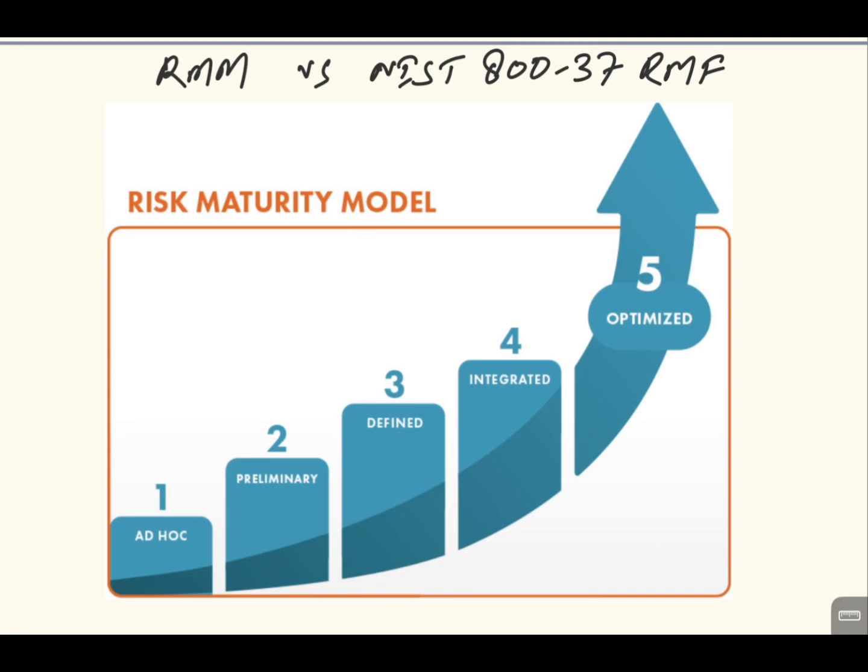If we break it down step by step, we can see how an organization's risk management maturity affects RMF implementation. Now let's go one by one through the stages. For instance, ad hoc. Ad hoc means we have no structure here. It is a chaotic phase.